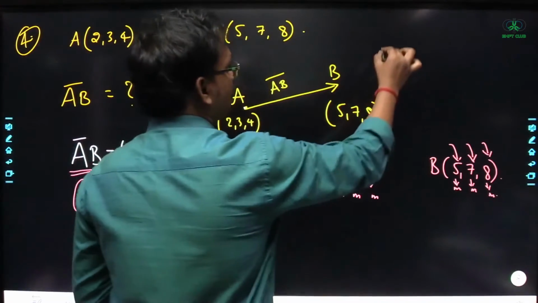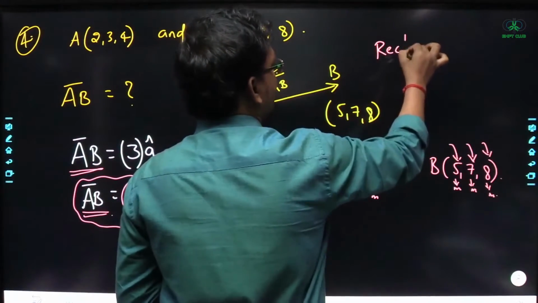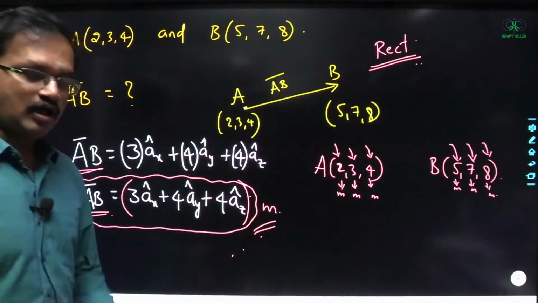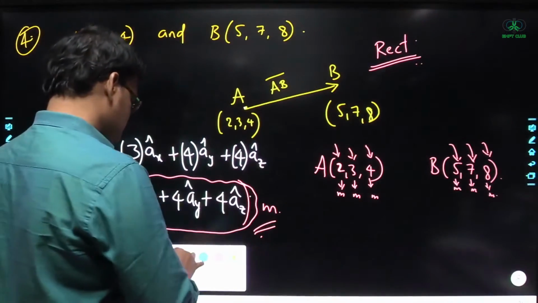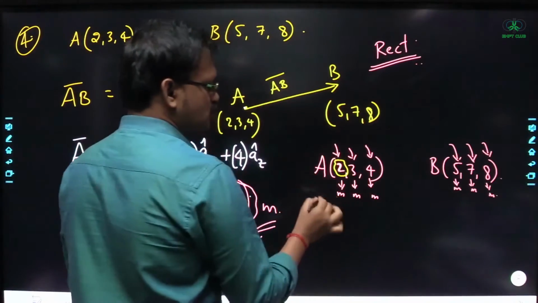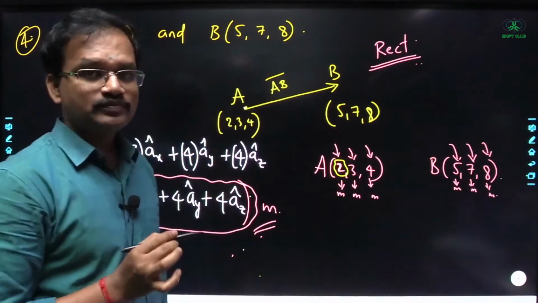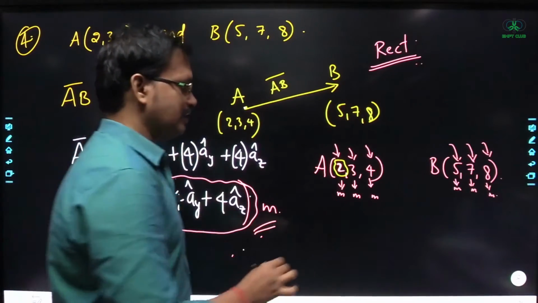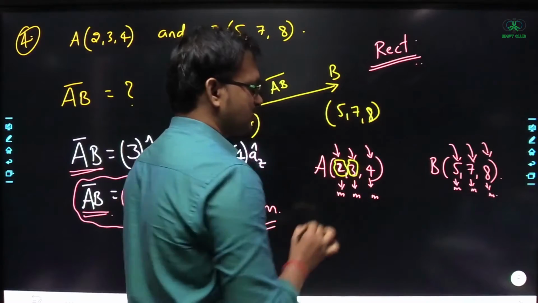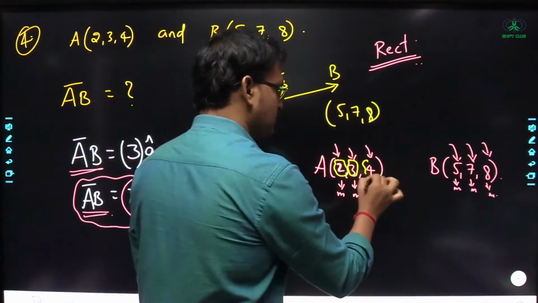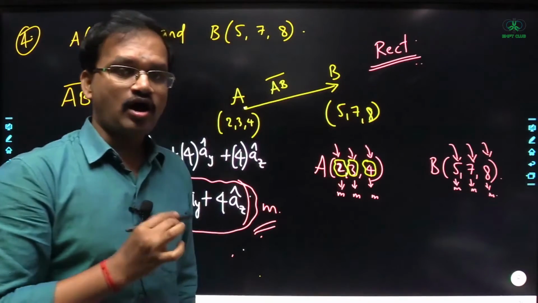We have performed this operation in rectangular coordinates. One more point here: what do you mean by 2? 2 is the distance from the origin along the x-axis. 3 is the distance from the origin along y, and 4 is the distance from the origin along z.